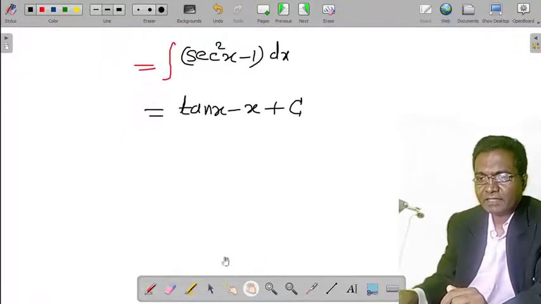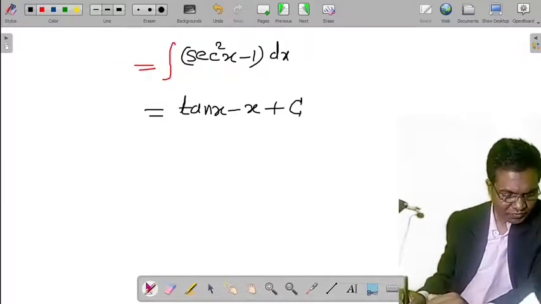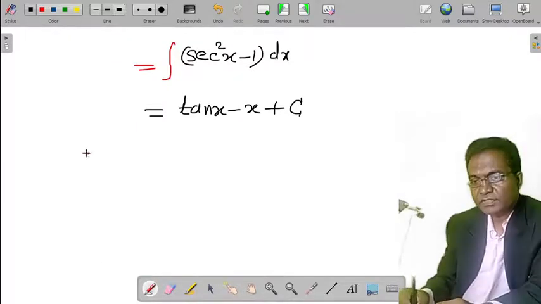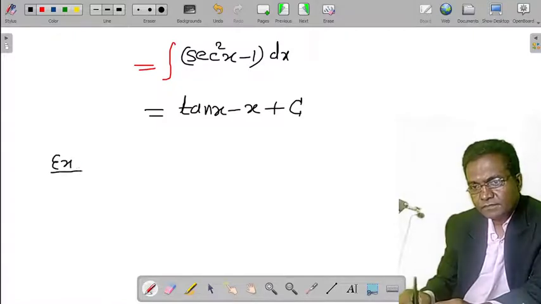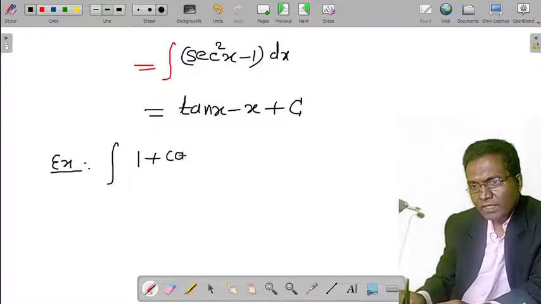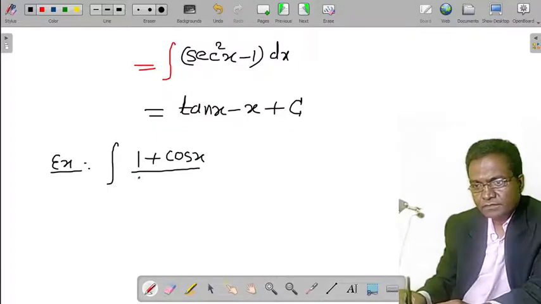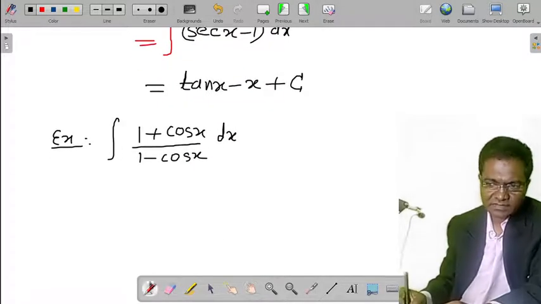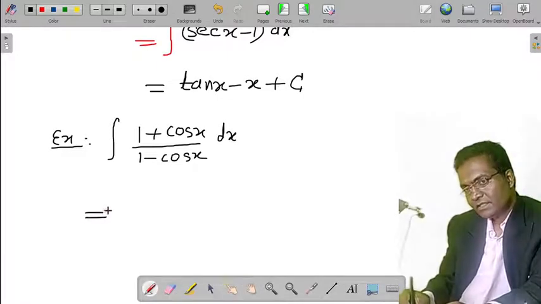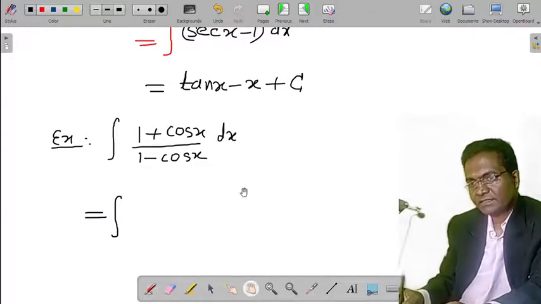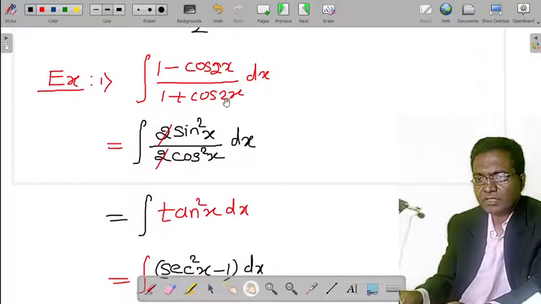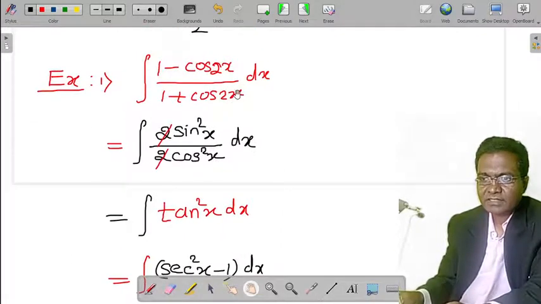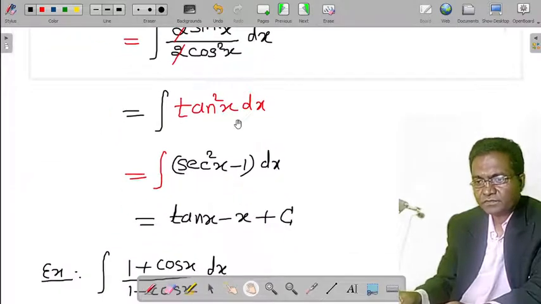Let's have another example. Suppose you come across integrating 1 plus cos x by 1 minus cos x dx. Now see here, 1 plus cos 2x means 2 cos square x. 2x gets halved.